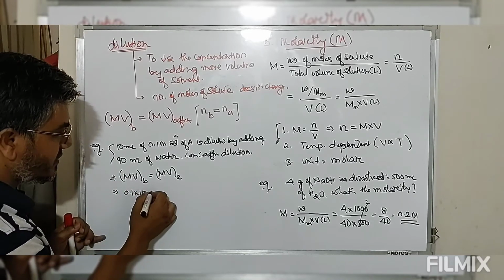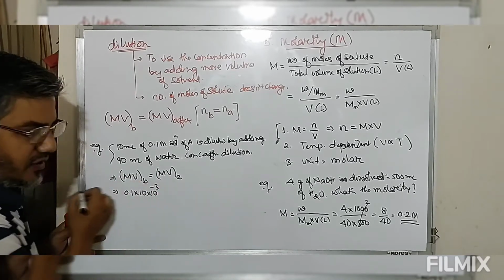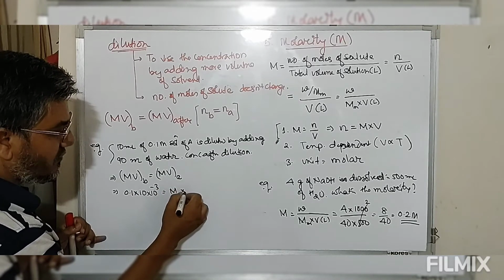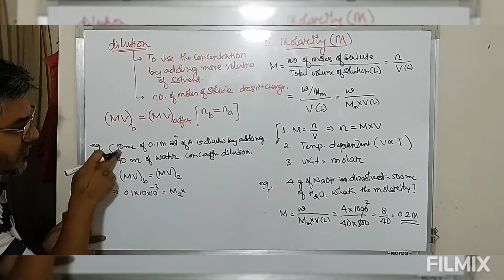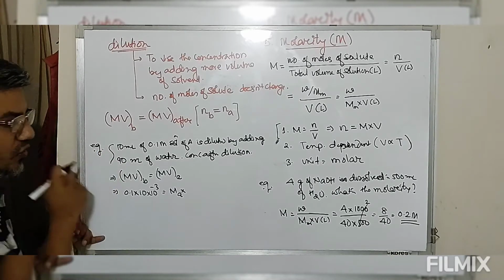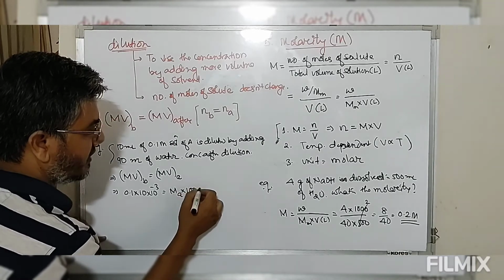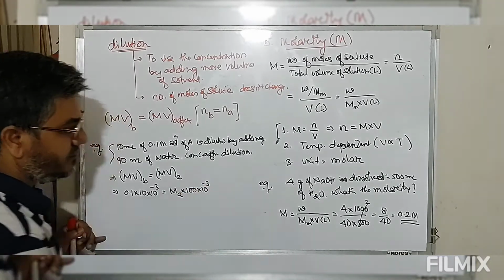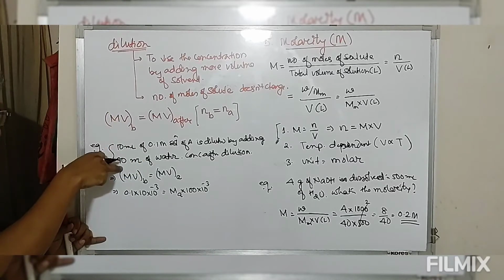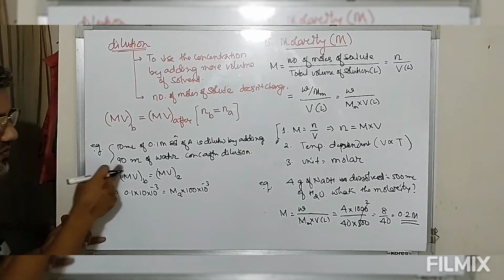If not, we can convert to liters. We have to find the molarity after dilution. The total volume: 10 is already present here, and we are adding an extra 90. So the total volume comes out to be 100 ml.